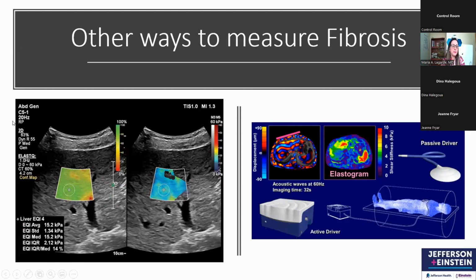Why we would choose one study versus the other is really a decision that we make together with our patient to try to figure out what test will give us the best information. And sometimes we need a combination of tests to really decide where my patient is in that scar tissue or fibrosis range.